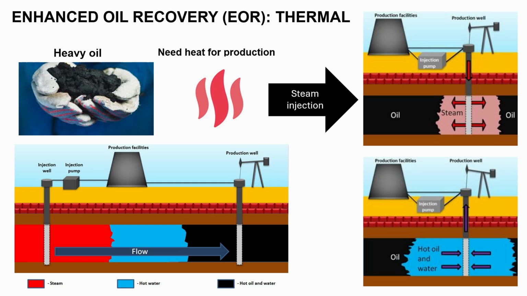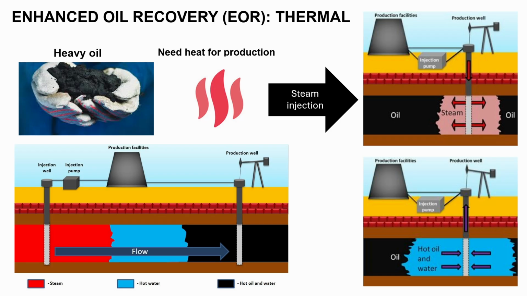Thermal EOR is particularly important in heavy oil reservoirs because heavy oil is very viscous and does not flow easily at reservoir temperature. By injecting steam, we heat the oil, reduce its viscosity, and improve its mobility. The slide mentions two main steam processes: cyclic steam stimulation and steam flooding.